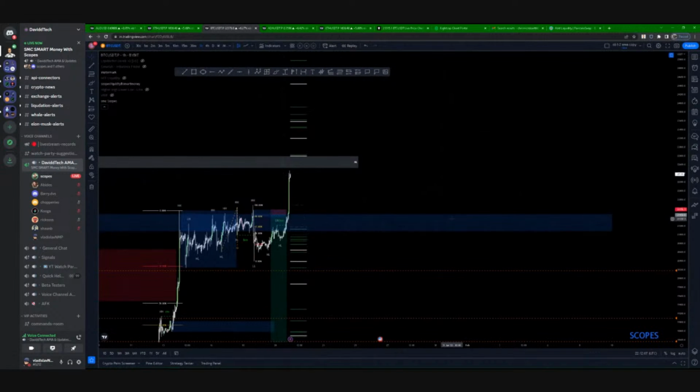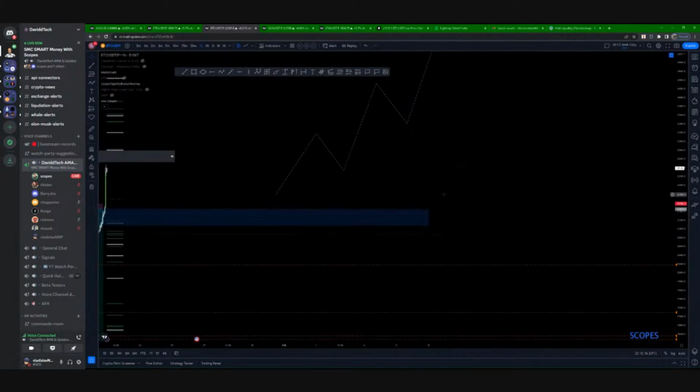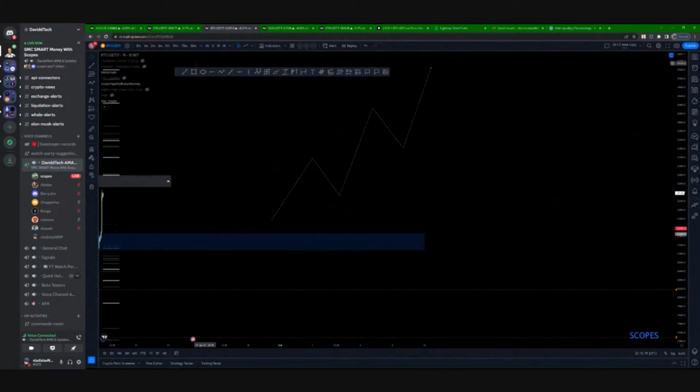So if you add that with smart money, I don't know if you watched my last stream, but if you've got imbalances being filled in here, the thing to mark then would be the key level. If there's no imbalance or it's being filled, the thing to mark will be the key level to try and enter.